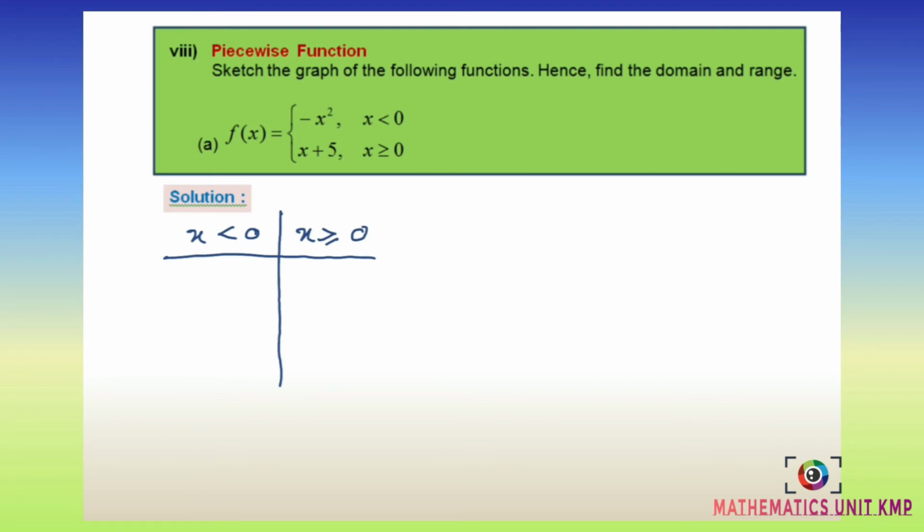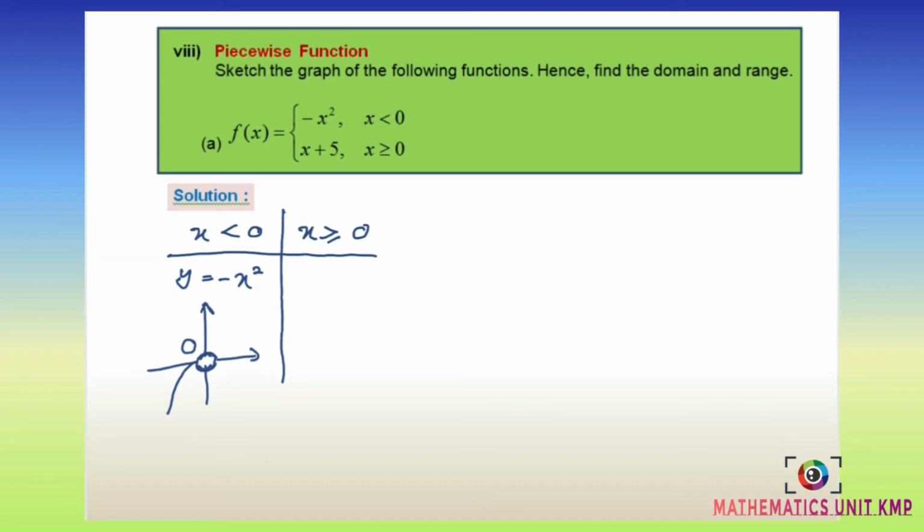In the second row, we write the function y equals negative x squared, a quadratic with a maximum point at (0, 0), and refer to the interval of x less than 0. Therefore, we erase the right side of the graph.